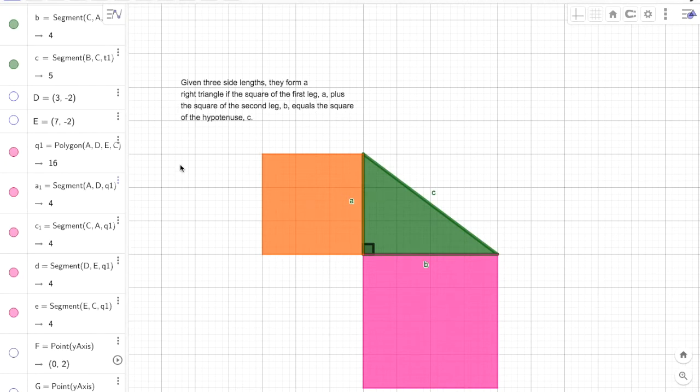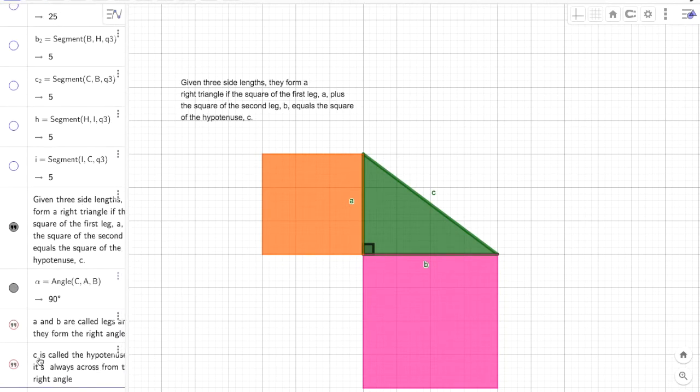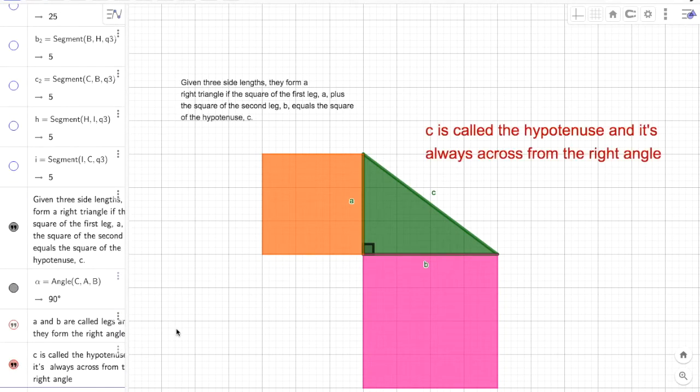Before we put our last square in here, let's talk about c because it's special. c has its own special name called the hypotenuse, and it's always across from the right angle. So we have our right angle here, and across from that is c, which is the hypotenuse.